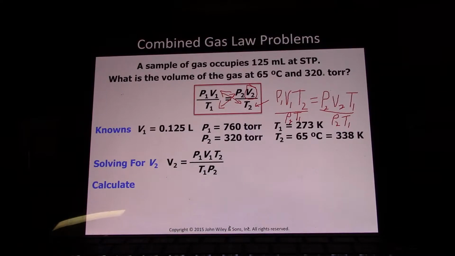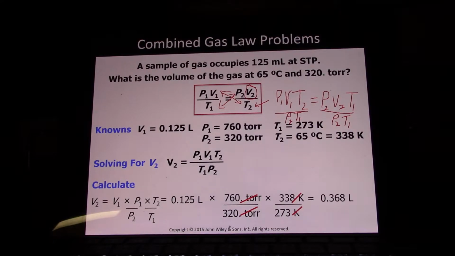And then we make sure the temperatures are in Kelvin. So STP is 0 Celsius, that's 273 Kelvin. And the final temperature is 65 Celsius plus 273 gives us 338 Kelvin. And we add it all in and we get 0.368 liters or 368 milliliters.